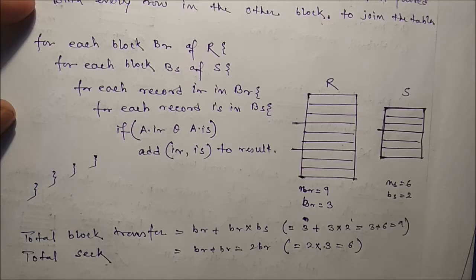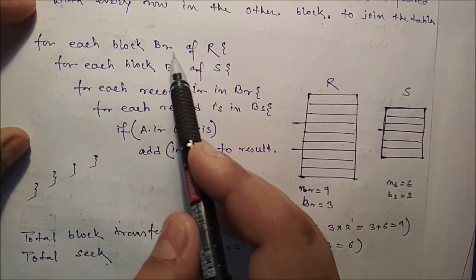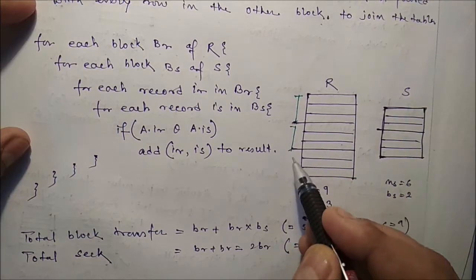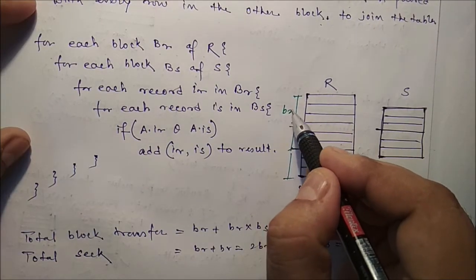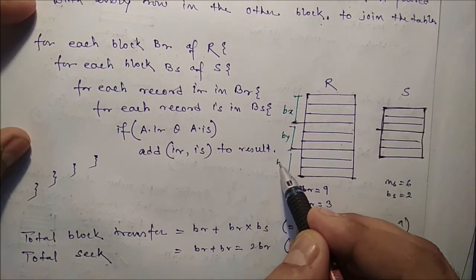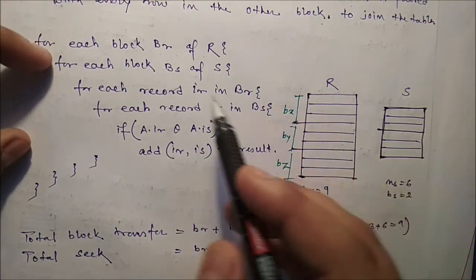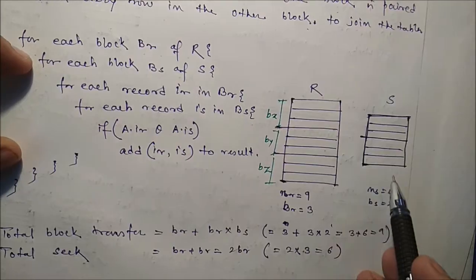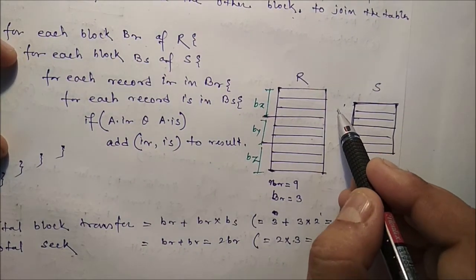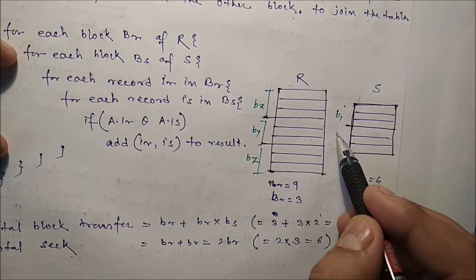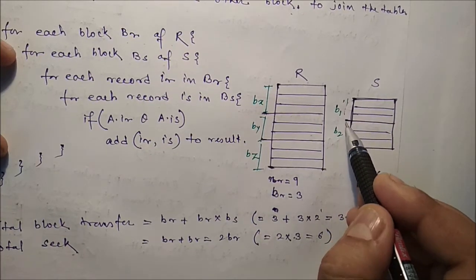So this is the algorithm for block nested loop join. For each block BR of R, say this is what our BR, the blocks. Say this is our BX, BY and BZ. For each block of BR, for each block of BS, so you can say it is B1 and B2.